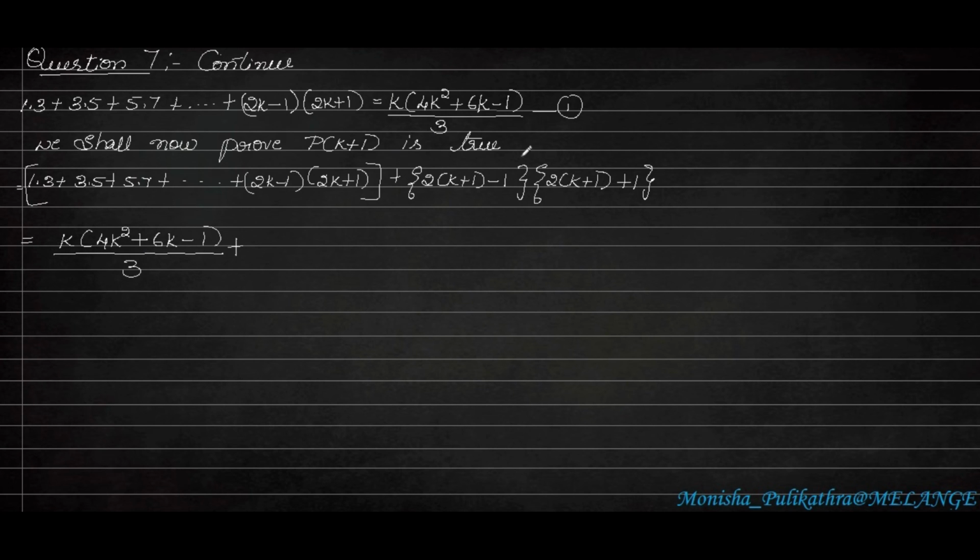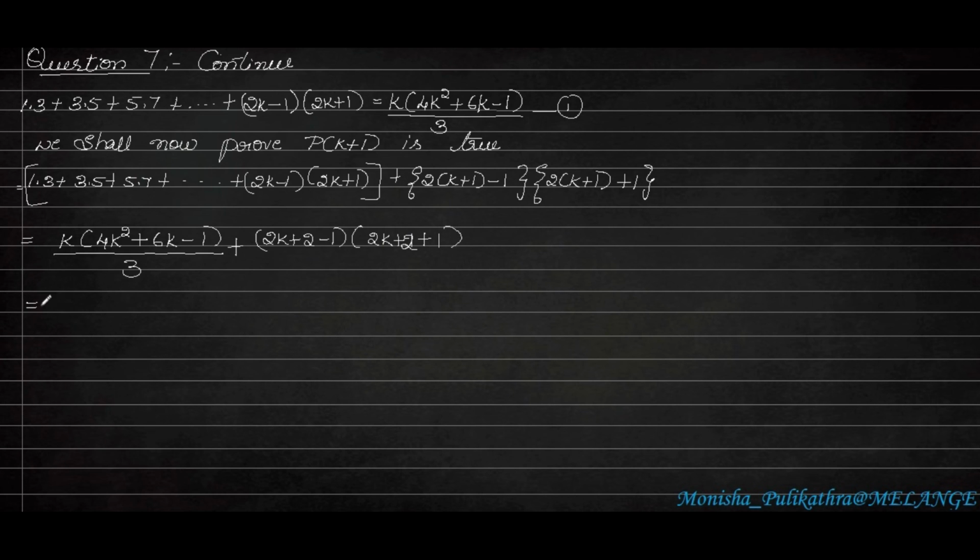plus, so this we have to write in the form so that we have to multiply it first. It will become 2k plus 2 minus 1. Next one is 2k plus 1 plus 1. Sorry, we have to multiply 2k plus 2 plus 1.